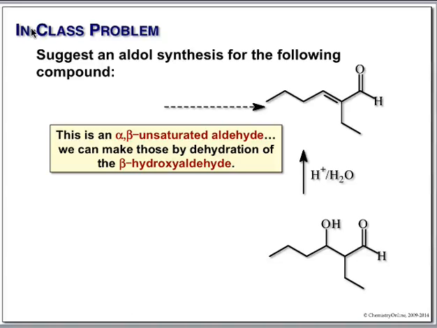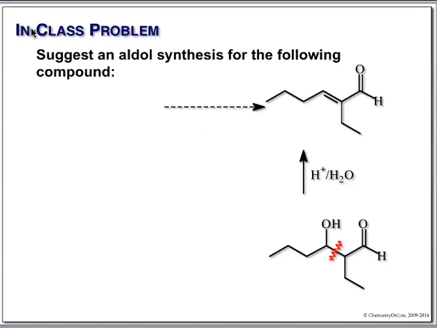So 1 mole of something made the enolate, and the second mole was the electrophile. This is the bond we made. So half of it is simply 1, 2, 3, 4 carbons.